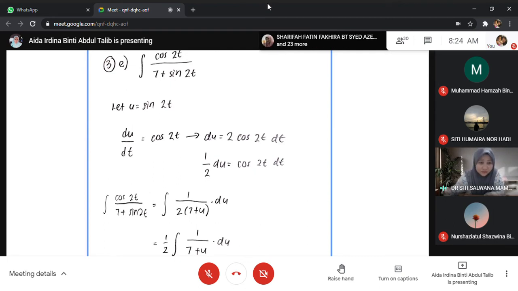Instead of doing two substitutions here, why not just take 7 plus sin 2t as your u function? This one is correct actually, just that it is long. Otherwise you just take 7 plus sin 2t as your function u.